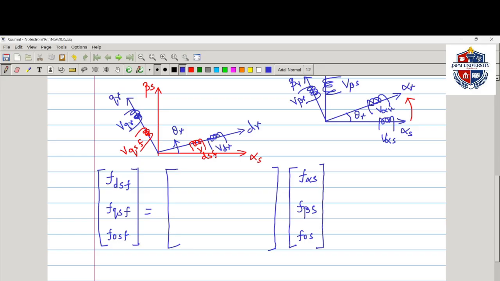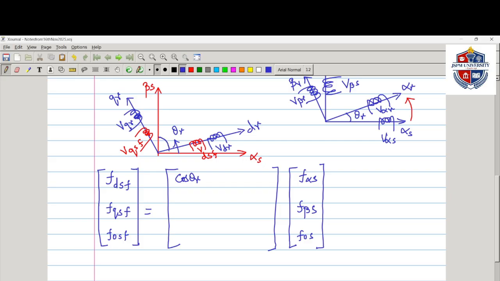So now this DSF means nothing but the new winding here. With respect to this alpha S, this angle is theta R. Therefore, I can write here cos theta R. FDSF is nothing but cos theta R into F alpha S. Then F beta S: from DSF, this axis is DSF and beta S is this axis.